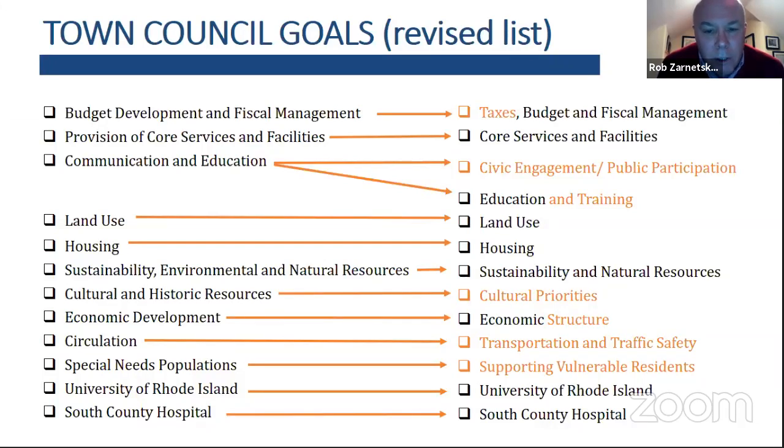Oh boy, Conservation Commission, I think. Sustainability and environmental and natural resources, I've just truncated to sustainability and natural resources. Cultural and historic resources, the theory being that history and historic resources are cultural priorities. I've just made them cultural priorities.